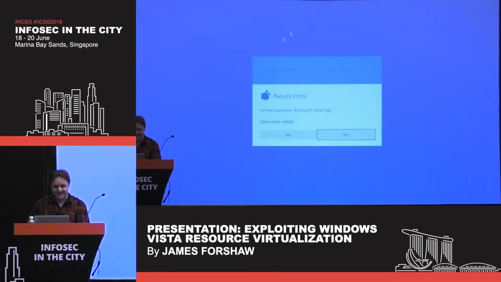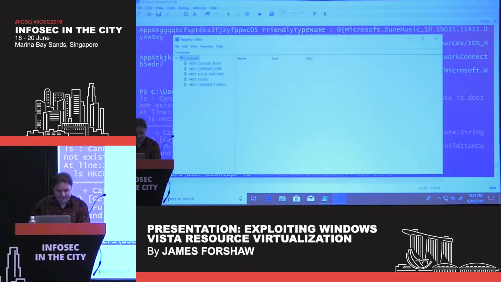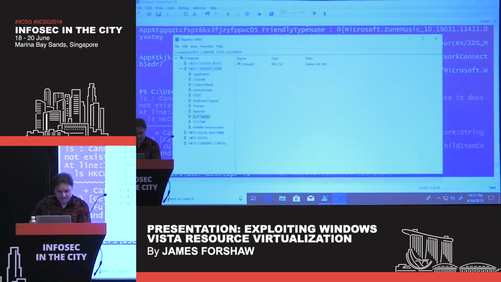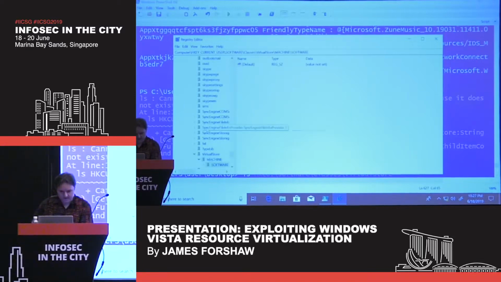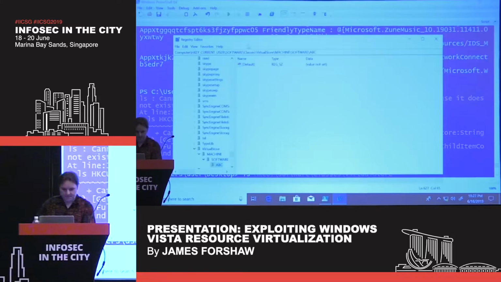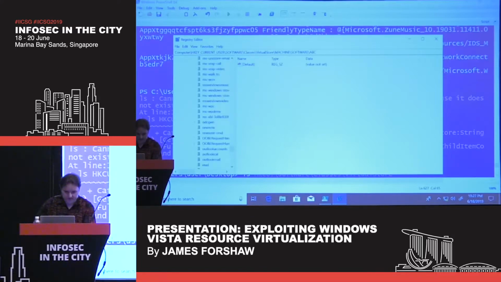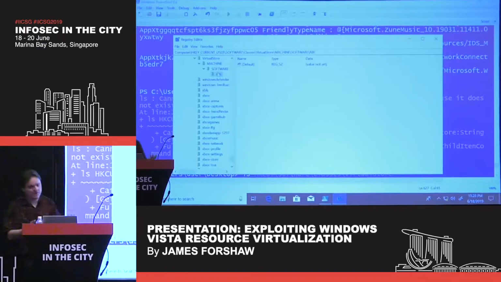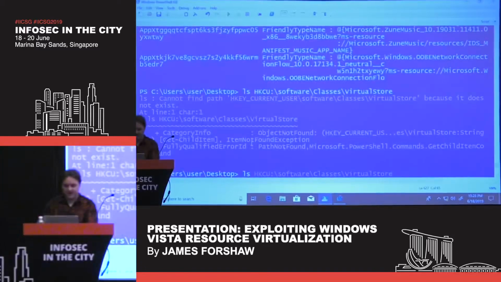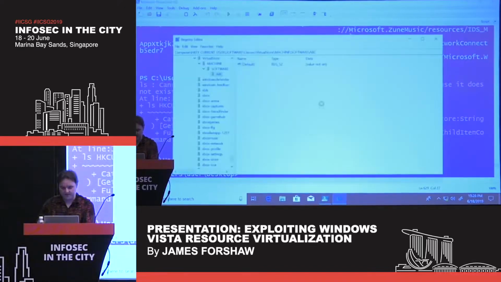Let's go for regedit, because regedit's usually a better working thing. Software classes. Yeah, okay. So hopefully you can see that it's now created an ABC key under our virtual store, and if you actually write to that key, of course, even though it claims to not be where it is, we should be able to actually see that replicated in here.